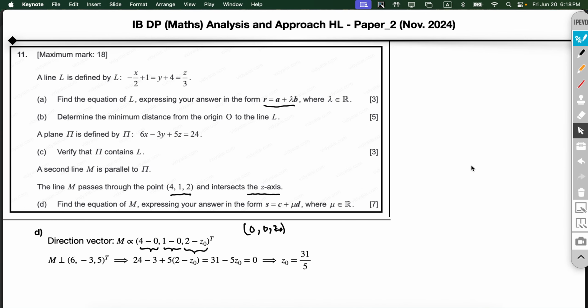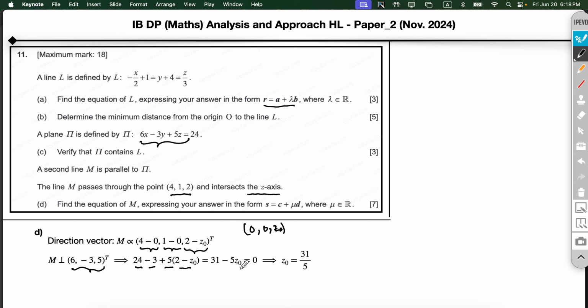Now the line M is perpendicular to the normal of the plane pi. So the normal of the plane pi is 6, minus 3, 5 in vectorized form. From here, by substituting this form of M, we get 24 minus 3 plus 5 times 2 minus z naught, which is 31 minus 5 z naught.